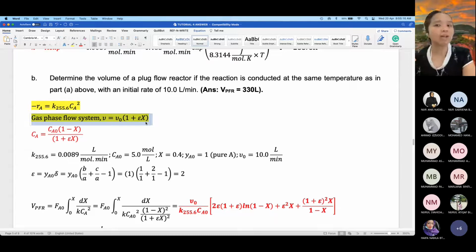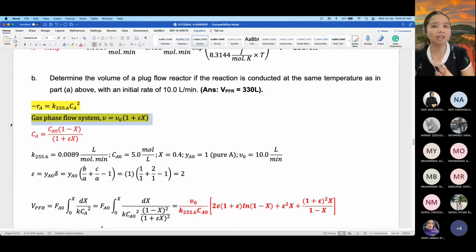So soalan ni adalah gas phase. Third rule is of course the rate law. Rate law masih sama sebab rate law depends on the reaction, tak bergantung kepada reaktor. Apa-apa jenis reaktor pun, rate law yang tadi kita deduce, minus rA equals kCA power of 2, masih sama.